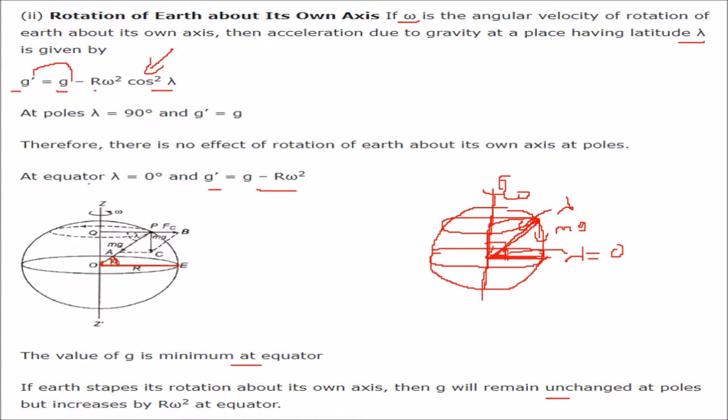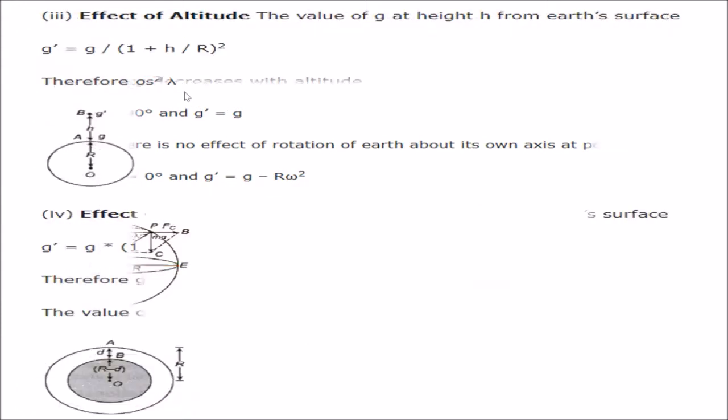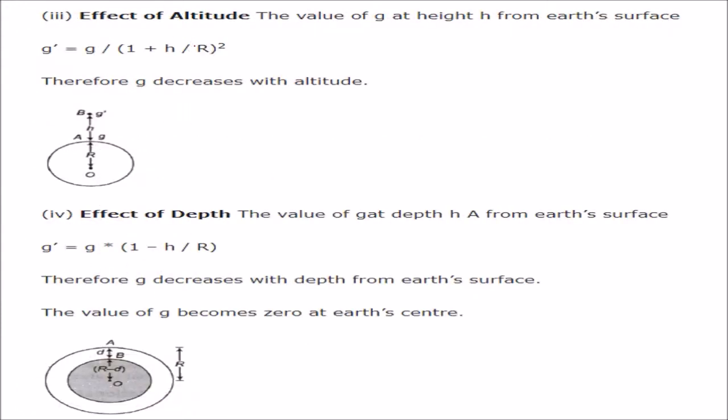But from the pole to the equator it is going to change with respect to R omega square, because the radius will remain the same. Omega is the angular velocity by which the earth is rotating about its own axis. Then we have the effect of altitude.